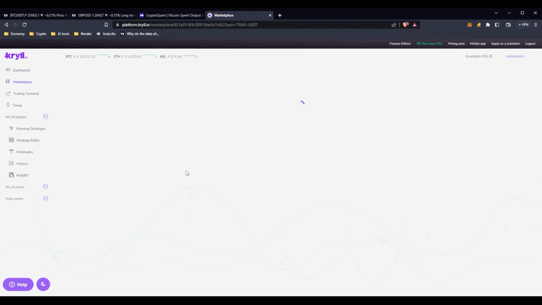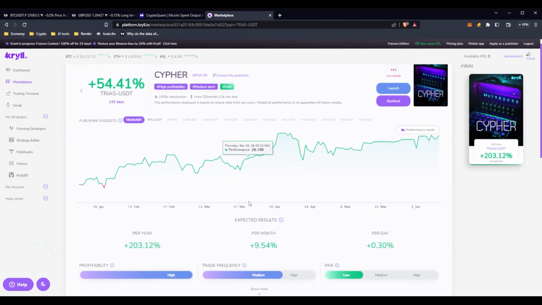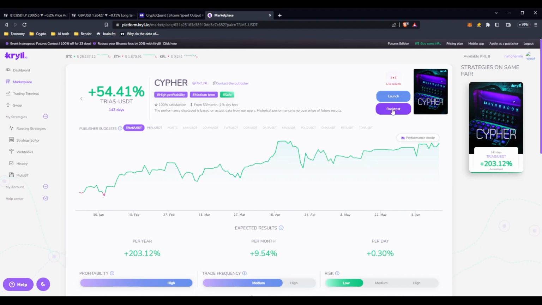So how it works is, for example, this is someone else's strategy, and you can run a backtest to see if it works. This one is working on the USDT pair. Something I would tell you to avoid: try to find a strategy that works on Bitcoin or major altcoins such as Ethereum, Solana, Cardano, the top 10.